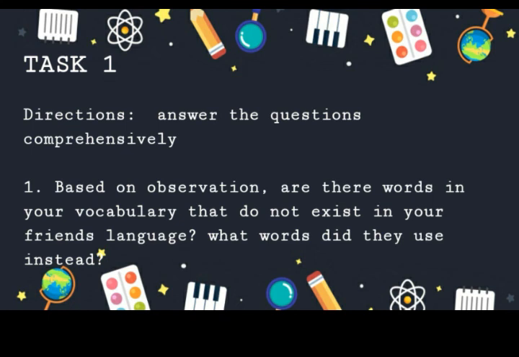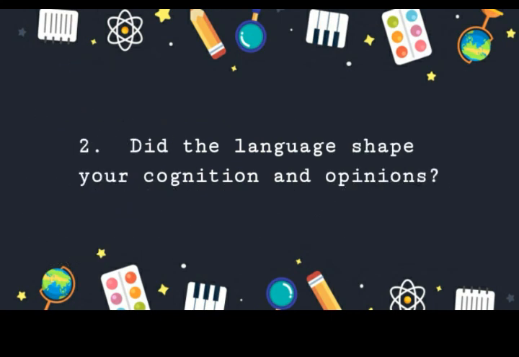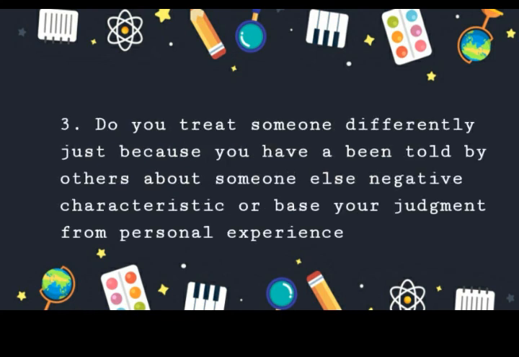What words did they use instead? Number 2. Did the language shape your cognition and opinions? And the last one, do you treat someone differently just because you have been told by others about someone else's negative characteristic, or base your judgment from personal experience?